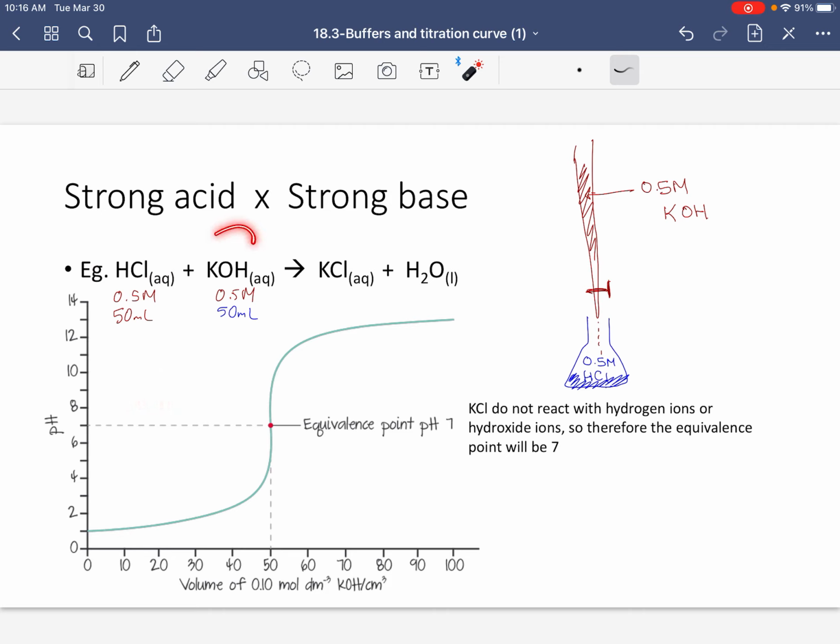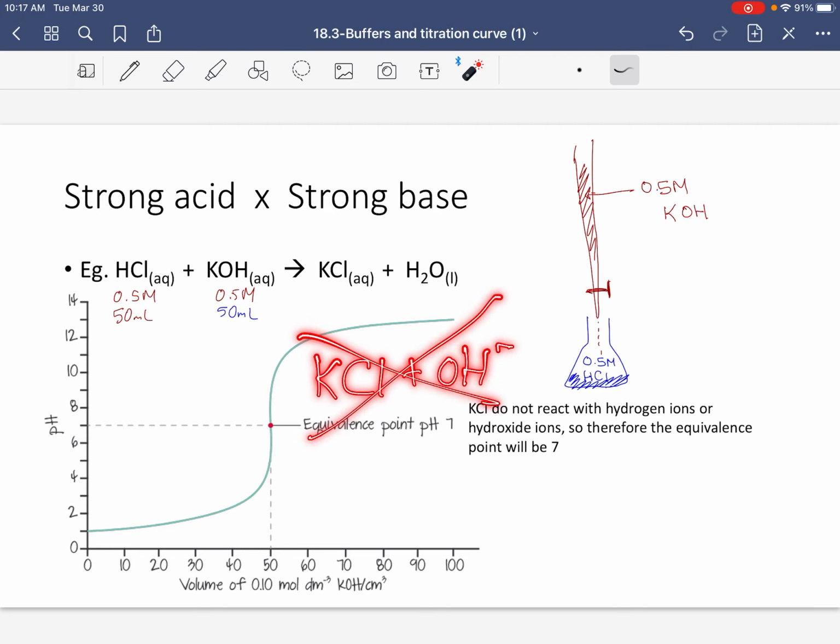If you don't overshoot, there is no OH minus hanging around because they all became water. They all became KCl. Can KCl react with H plus? No. Can KCl react with OH minus?